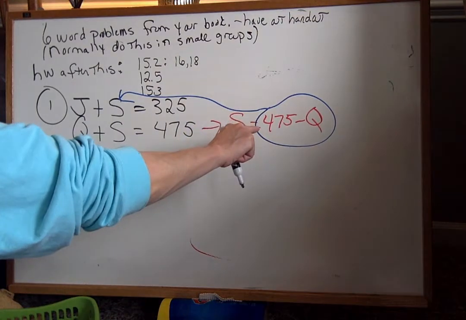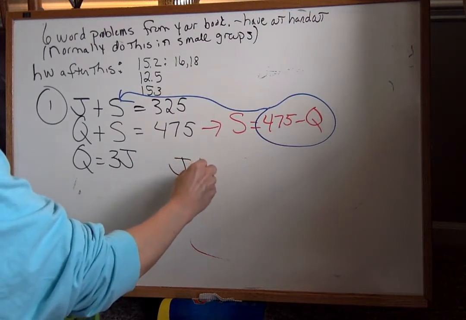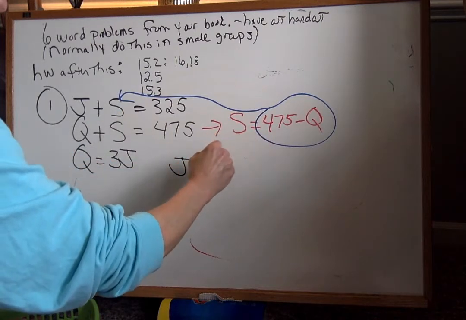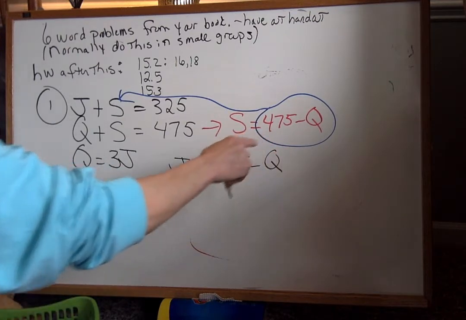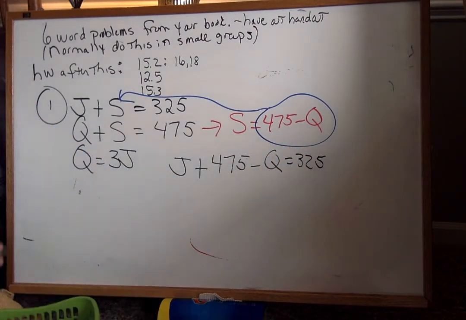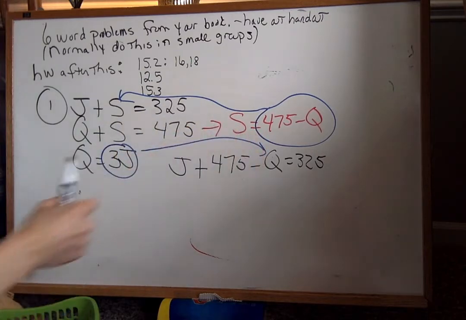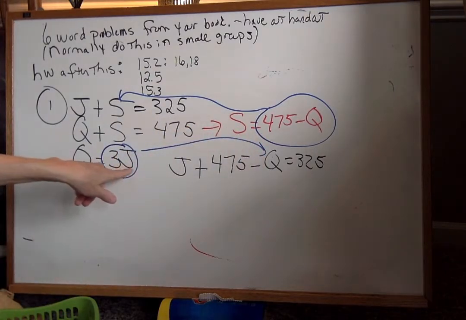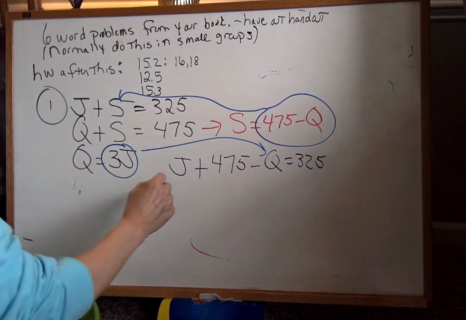So let's write that. So we have J plus 475 minus Q, because that was my S, equals 325. And now you're like, well, I still have a J and a Q, but look at this guy. I can put that in for Q, because it is only in terms of J. Then I'm going to just have J's, one variable, one equation.